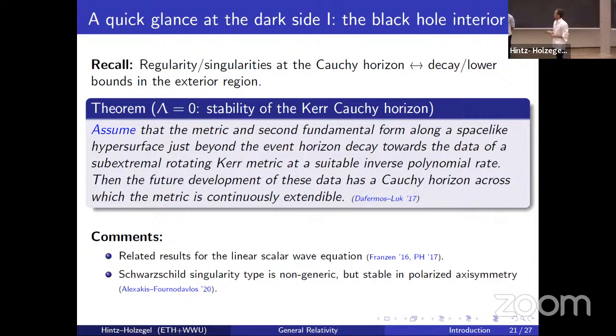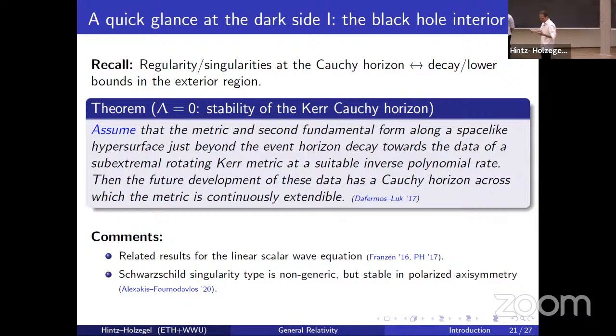The first theorem that I want to present, by Dafermos and Luk, is a stability statement that says that if you assume that on the exterior you decay to a Kerr solution according to what you expect in the nonlinear stability problem to hold, then the Cauchy horizon is stable. So the maximal development will again have this Cauchy horizon, and the metric there will actually extend continuously.